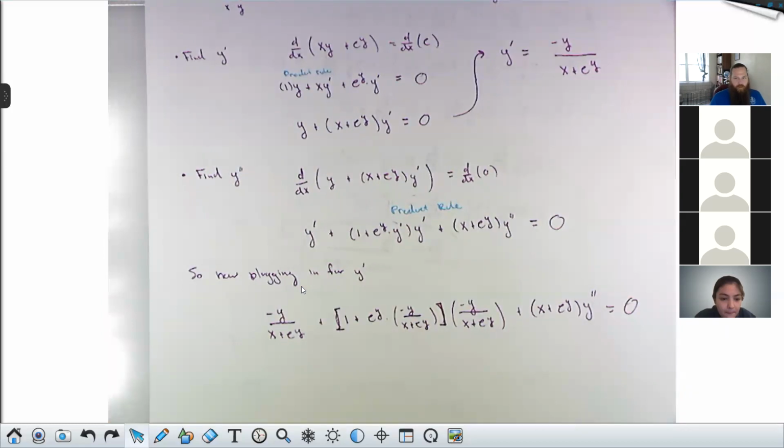Remember what we want. We want to know what is y double prime at the point (0, 1). So now I plug 0 in for x and 1 in for y.